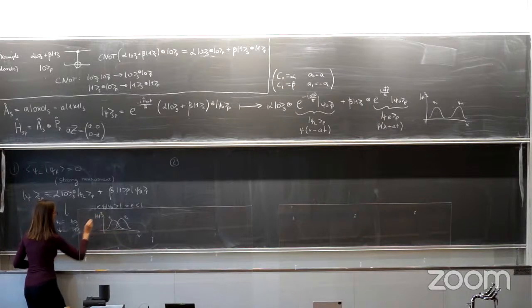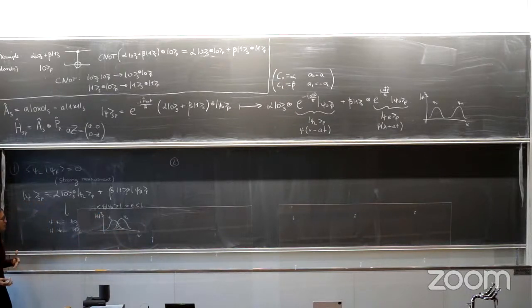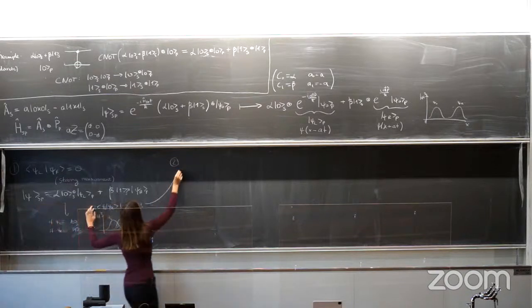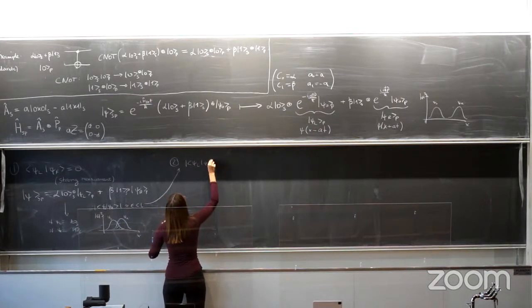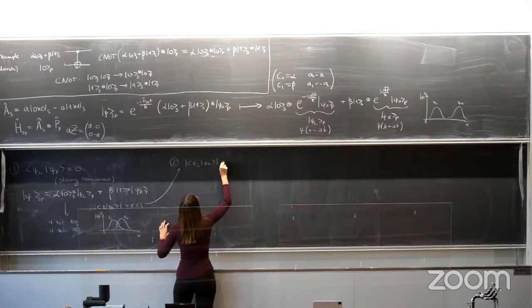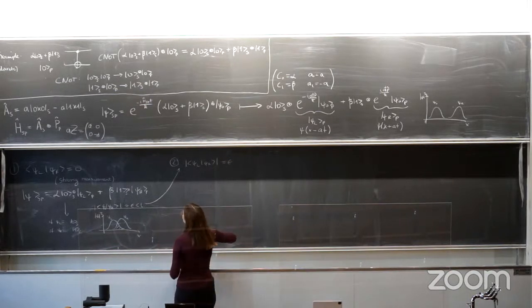We're still able to extract some information about the system. This is exactly the case with epsilon, and this is a weak measurement. This corresponds to the case of the weak measurement.